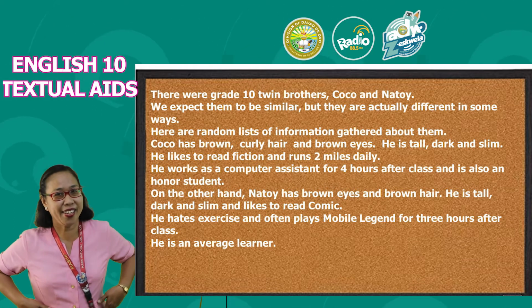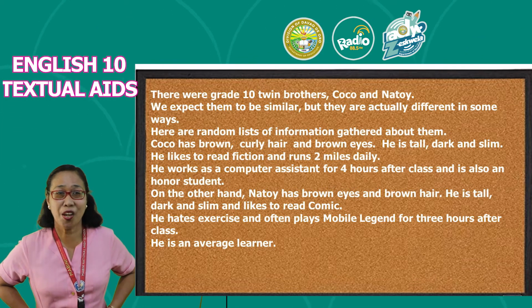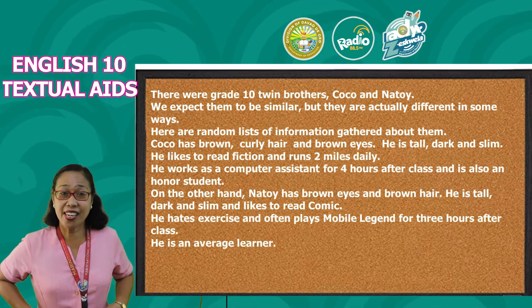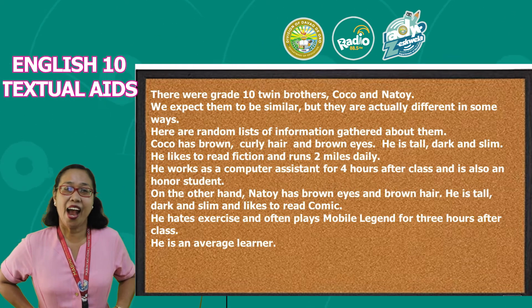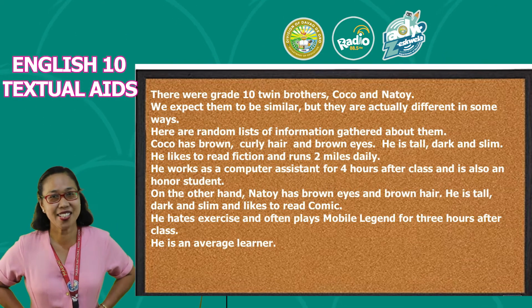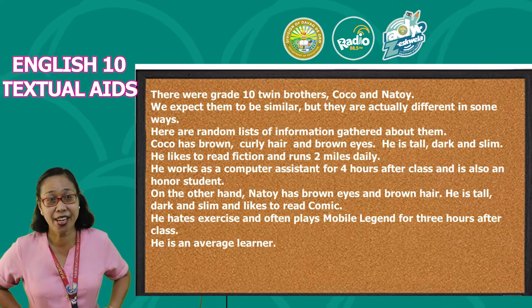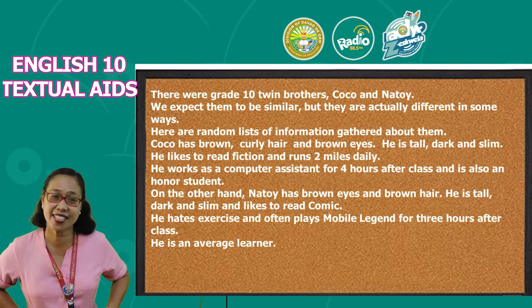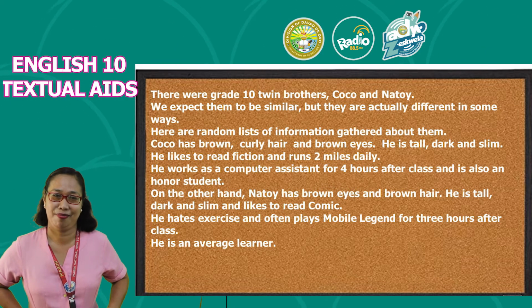On the other hand, Natoy has brown eyes and brown hair. He is tall, dark, and slim, and likes to read comics. He hates exercise and often plays Mobile Legends for 3 hours after class. He is an average learner.